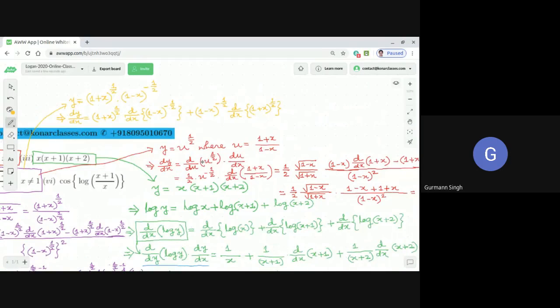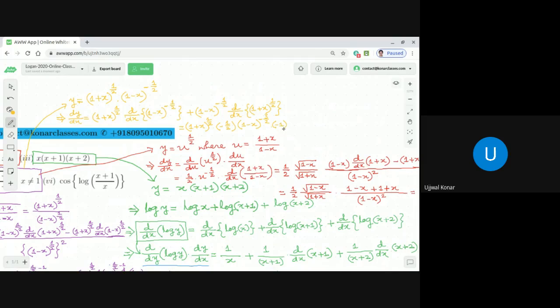Yes, sir. So now let's apply. dy/dx is equal to (1 plus x) power 1 by 2 into minus 1 by 2 into (1 minus x) power minus 1 by 2 minus 1, that is minus 3 by 2, into d/dx of (1 minus x), that is minus 1.